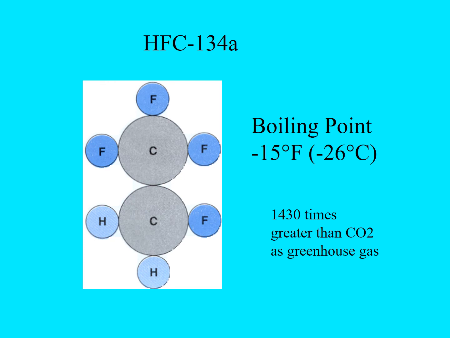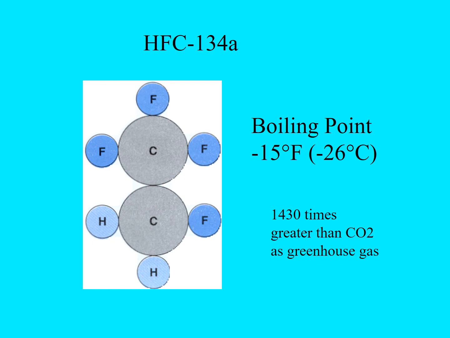The problem with HFC 134A is it's a global warming gas and is 1,430 times greater than CO2 as a greenhouse gas. On the 1430 number, I found some different numbers.